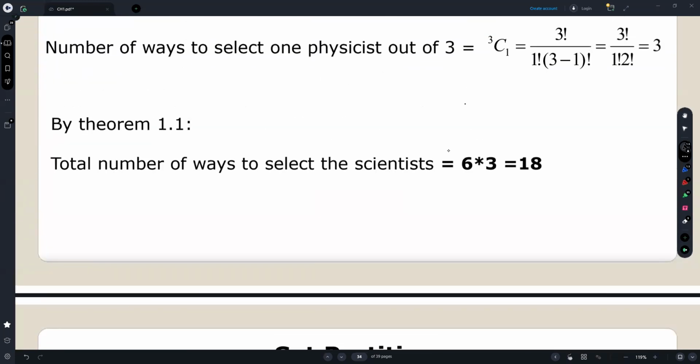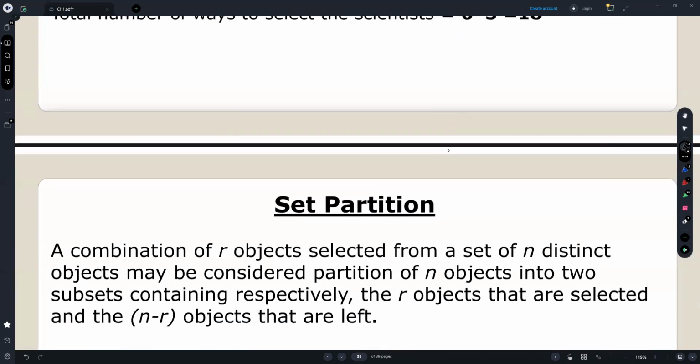Now let's try when you have the repetition. So the set partitions. This is very similar to the repetitions that we had in permutation. So suppose you have R objects selected from n distinct objects, right?